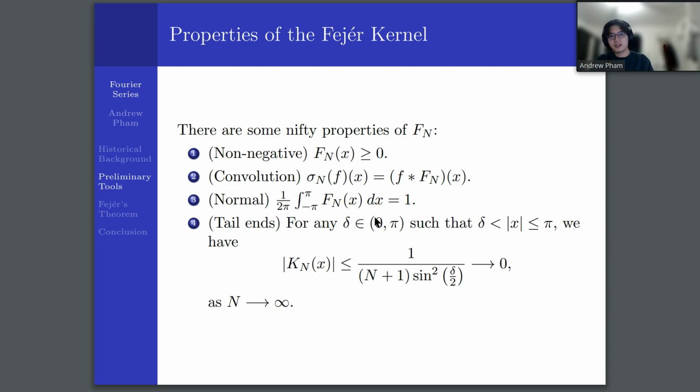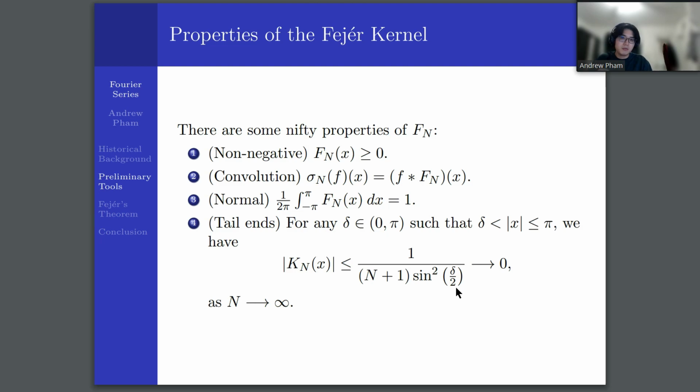we formally define it as for any delta in (0, pi), where delta is going to be less than the absolute value of x, which is going to be less than or equal to pi, we'll have that the modulus of the kernel is bounded by 1 over (n plus 1) times sine squared of delta over 2.